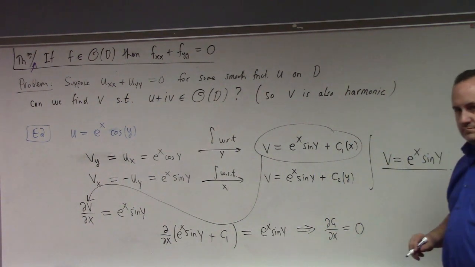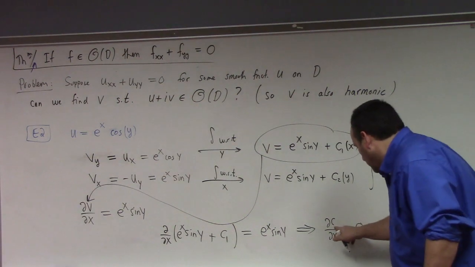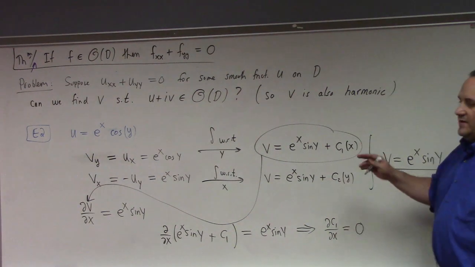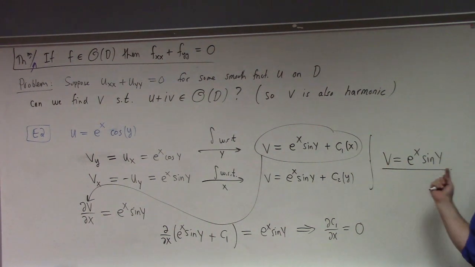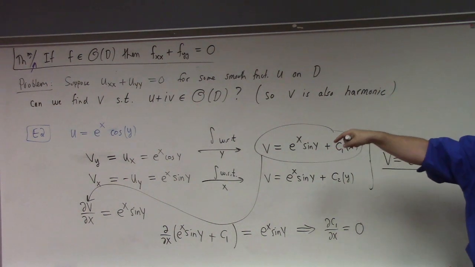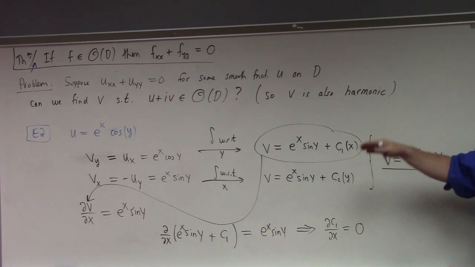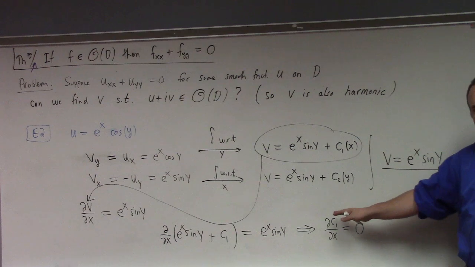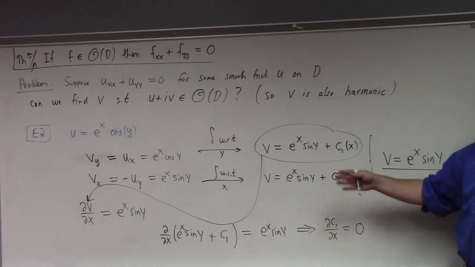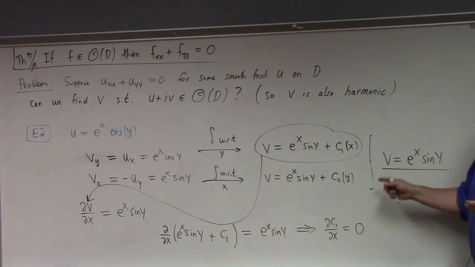My point is you partially integrate one of them, and then you can take that and plug it into the other Cauchy-Riemann equation. Then that will either tell you that the constant is actually an honest-to-goodness constant, or it will end up giving you a differential equation which you can solve and then find the function which is supposed to go there.